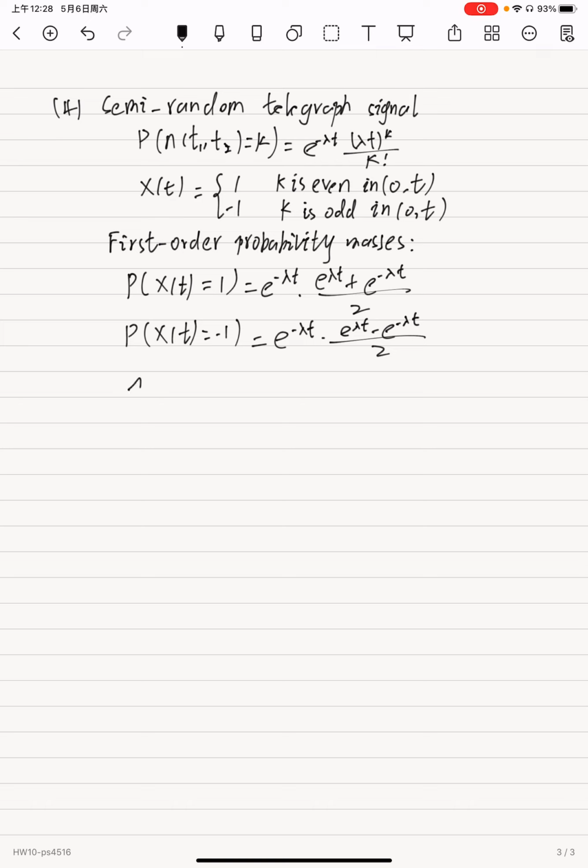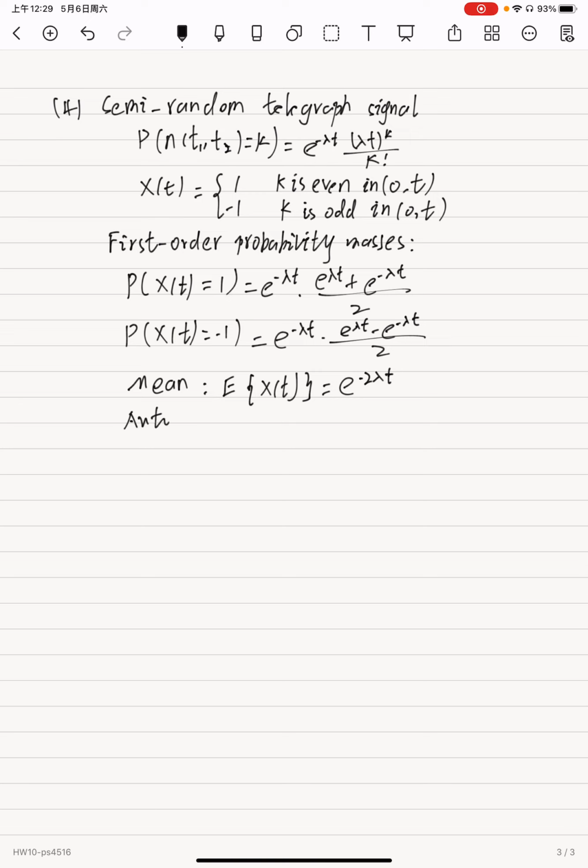And the mean of this is E[X(t)] equals e to the negative 2 lambda t.